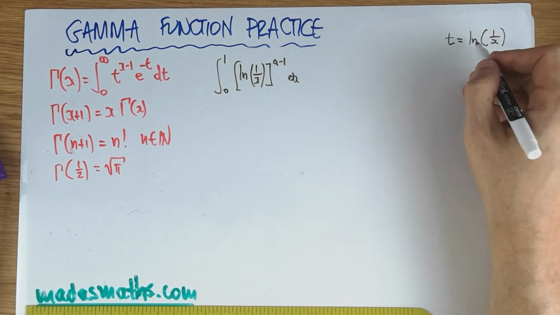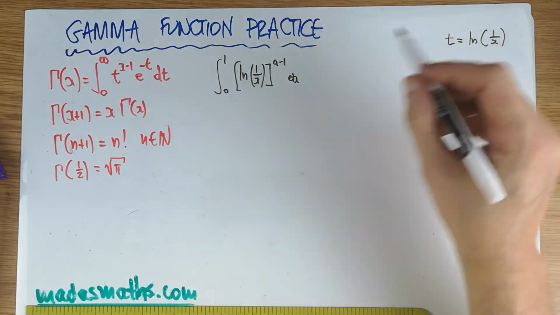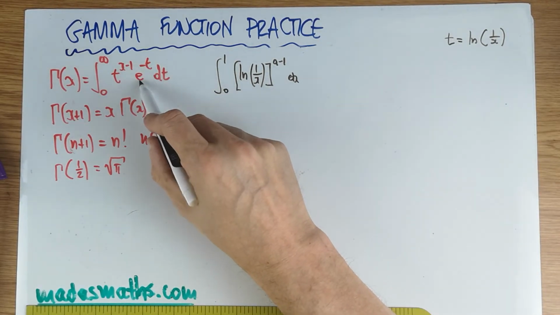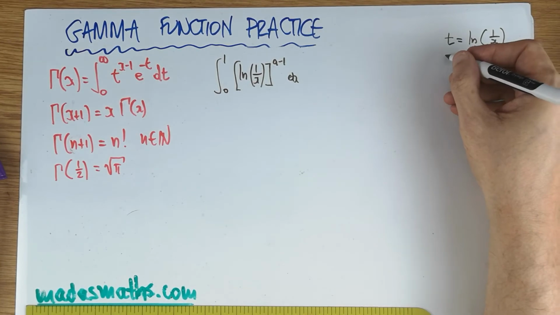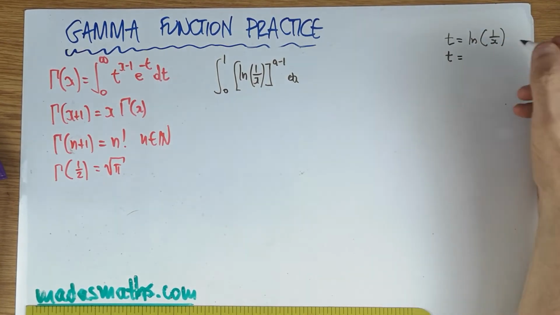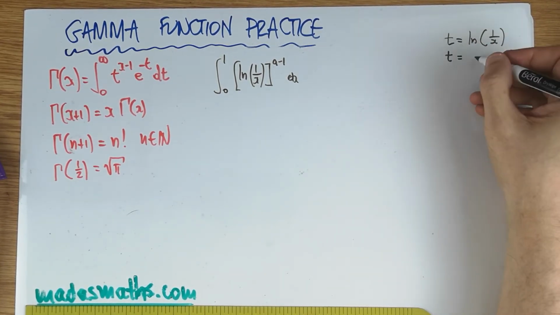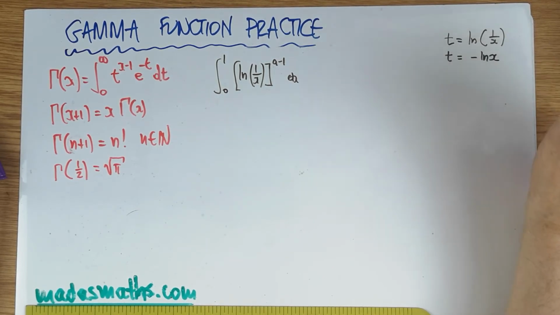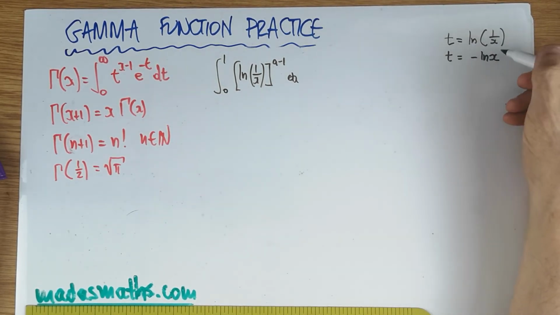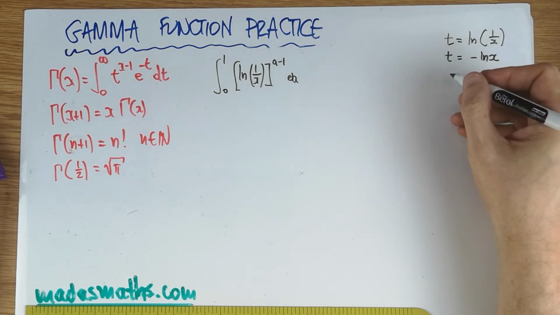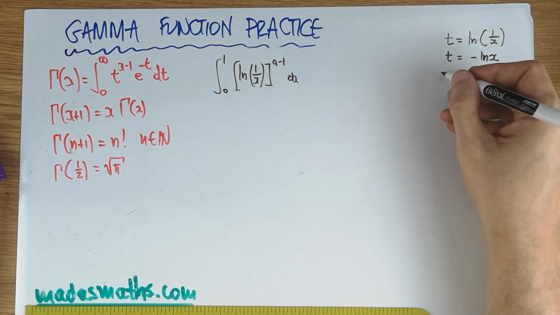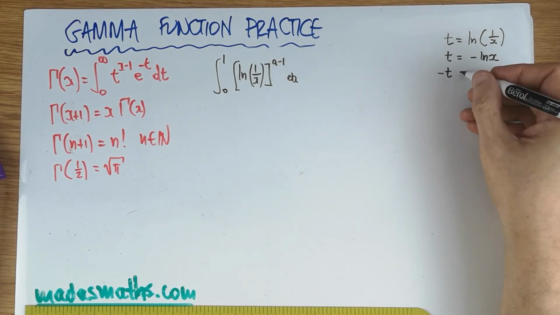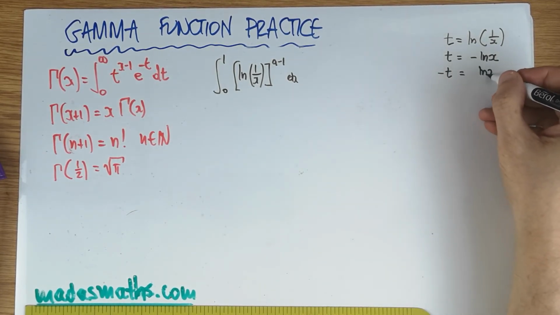In order to get rid of the log, I need to e both sides. But I need a minus, and I'm going to get a minus very easily by writing this as minus log of x. So I wrote the x to the minus 1, then moved it to the front, and then of course I can have minus t is equal to the log of x.